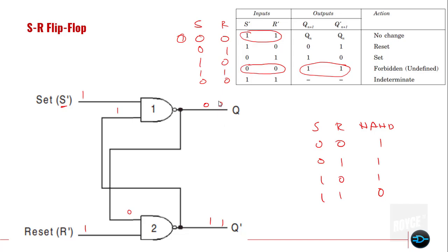So, as you can see, from the previous state niya, 0, 1, to the present state of the output, it is also 0, 1. Anong meaning nun? Meaning, hindi nag-change. Diba? Now, what if, balik tayo, ito naman ay 1, 0.